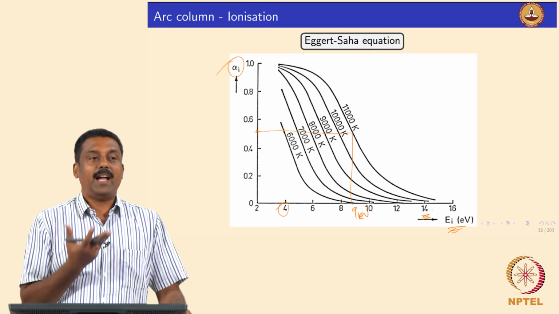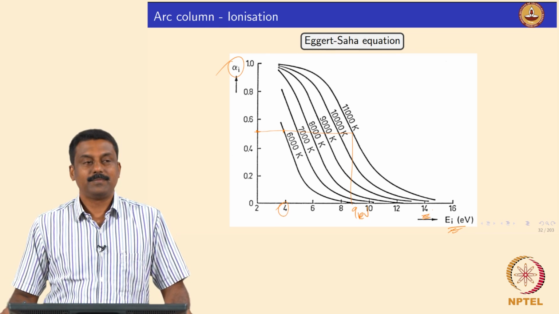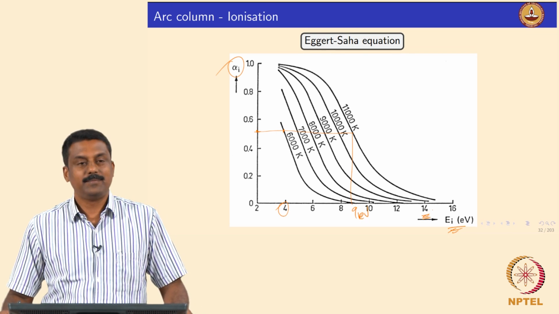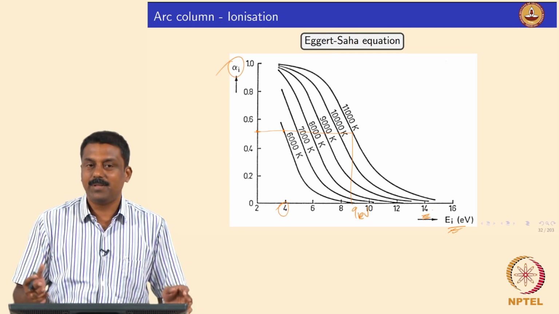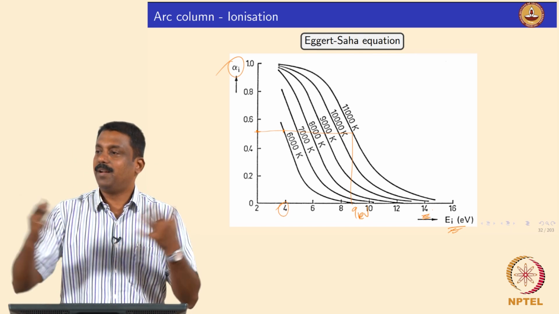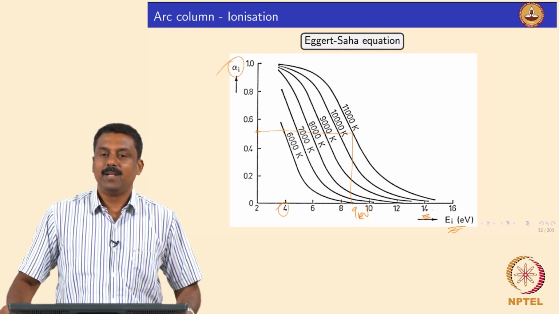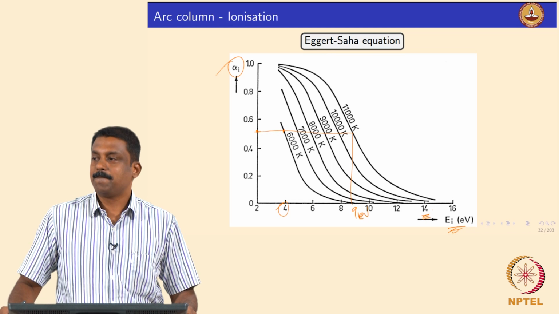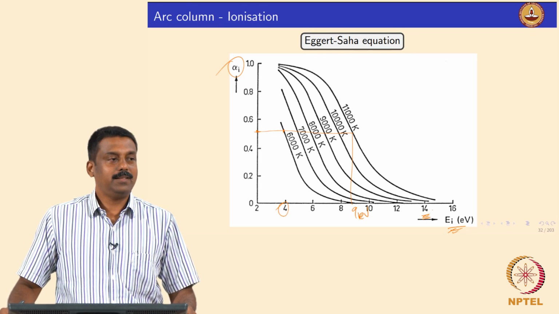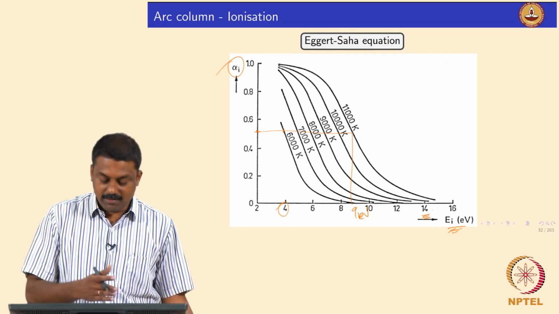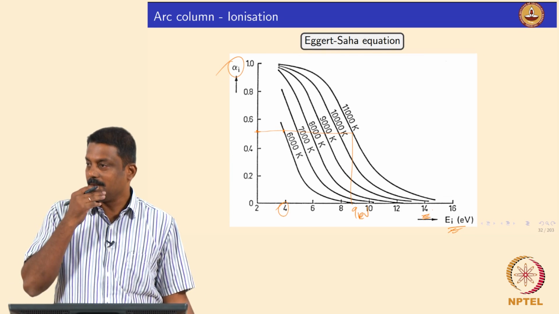Suppose you are ionizing a metal vapor, and metal vapor generally has very low ionization energy. Then the arc temperature would be very low compared to a system with helium or argon for that matter. Yes, it's clear? Good. And this curve is clear, right? This is nothing but the Saha equation.